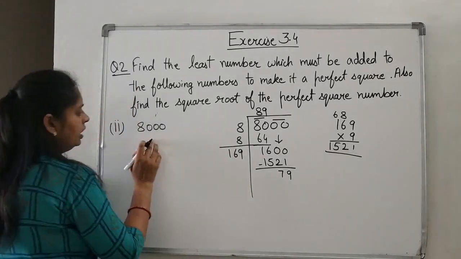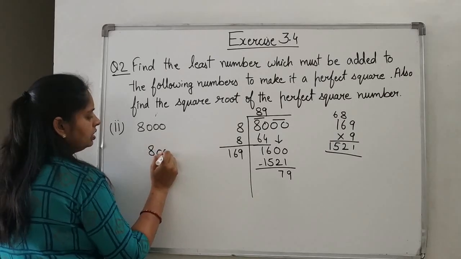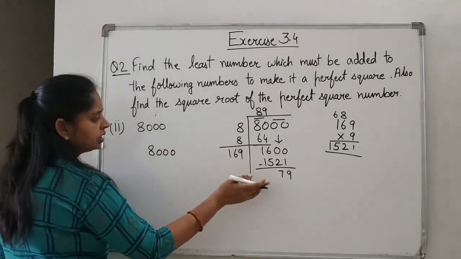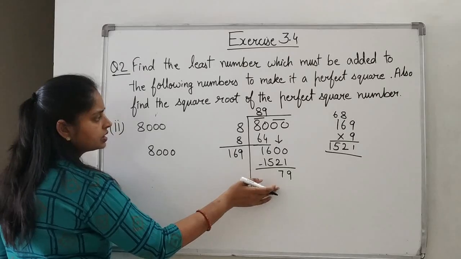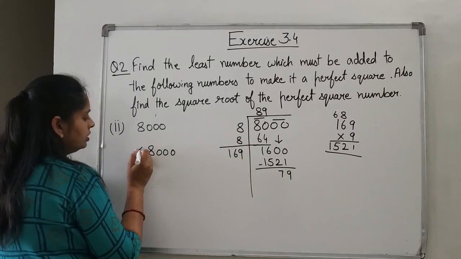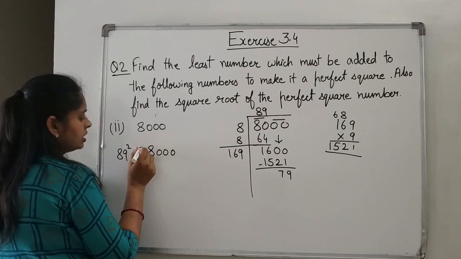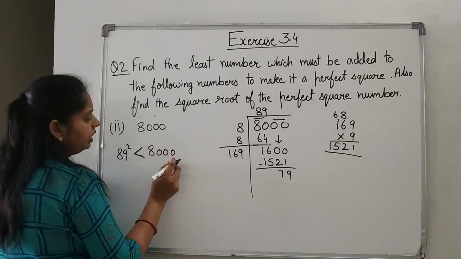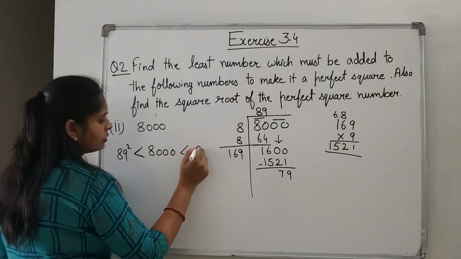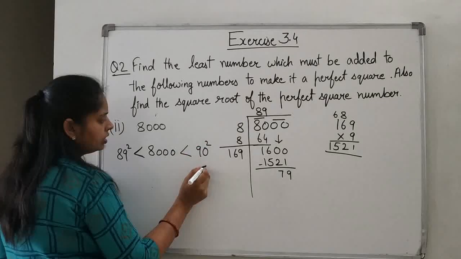Right? So 8000 is lying between. 8000 is greater because something is extra, some remainder is left. So 8000 is greater than the square of 89. And if this is greater than the square of 89, then it will be less than the square of 90. Right?